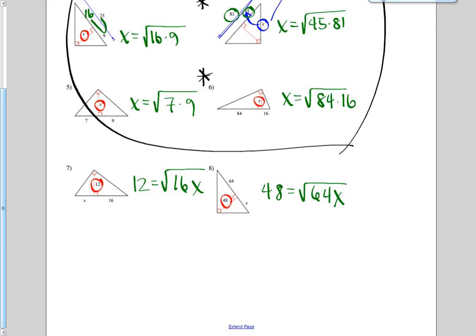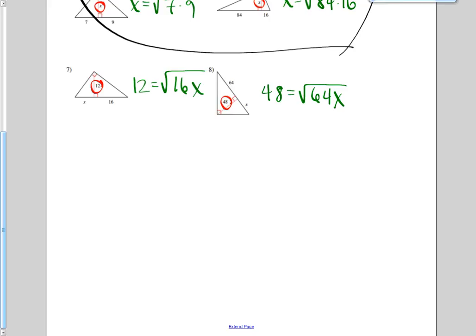These ones down here are a little bit different. These are the ones where I would want to square both sides. So 12 squared is 144. And then whenever you square the side that has the square root, it just takes the square root off. So that's just 16x. Same thing over here.